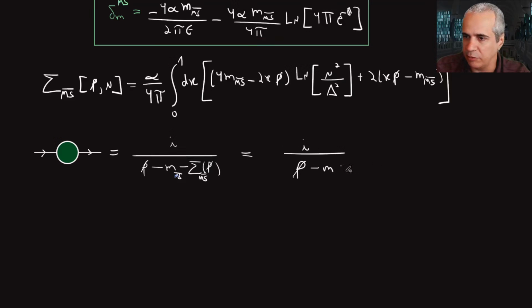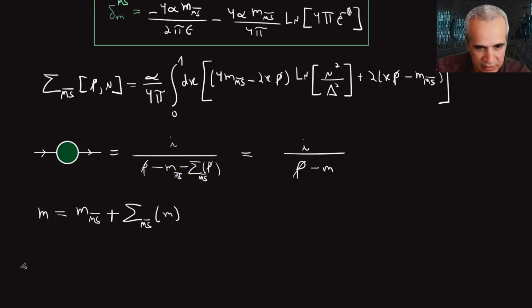And the other term that went here is 0 near that pole. So that means that the physical mass of the electron should be equal to this MS bar mass plus the sigma in the MS bar scheme calculated at the position of the pole, right? That allows me to write the MS bar mass in terms of the physical mass, right?